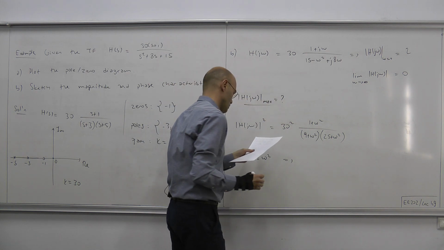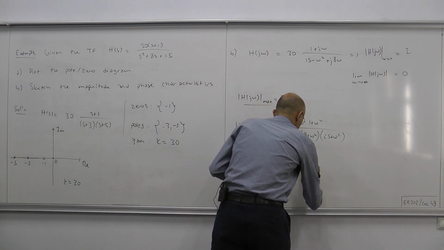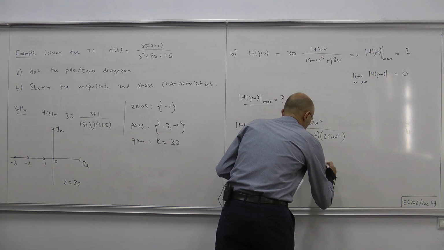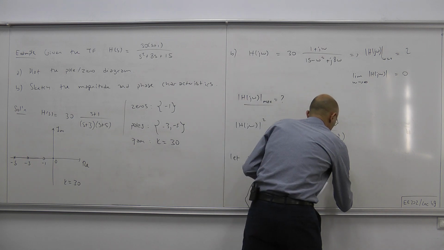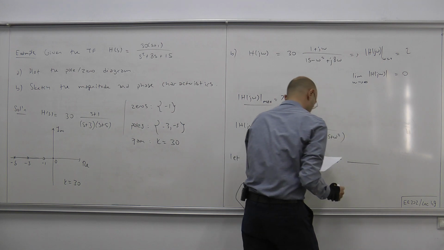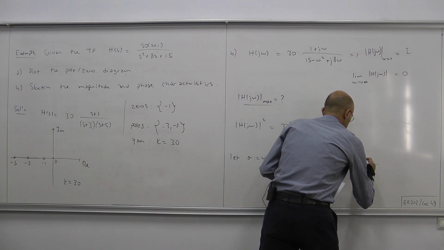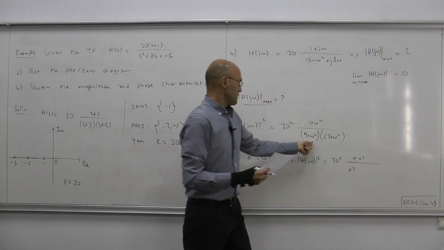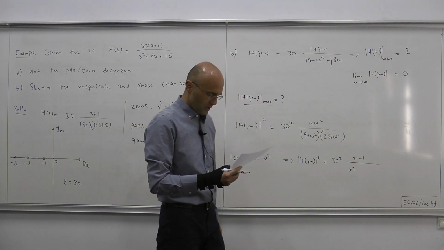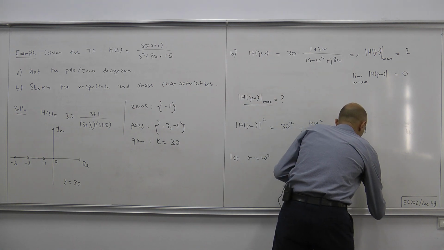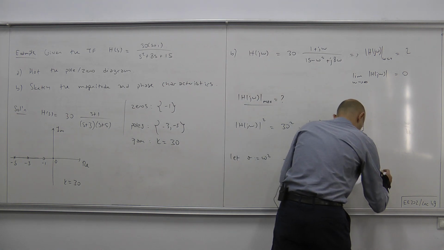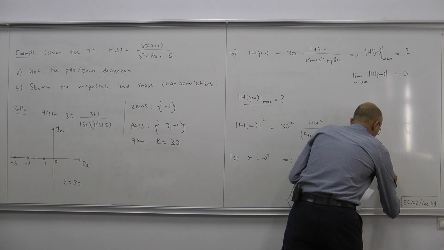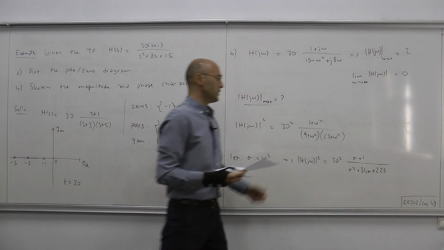In terms of our new notation, |H(jω)| squared equals 30 squared times (σ plus 1) over (σ plus 9) times (σ plus 25), which reads σ squared plus 34σ plus 225.